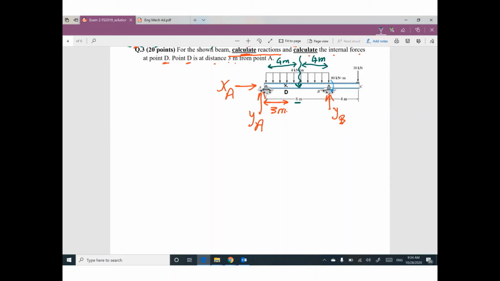What is the value of this equivalent load? It equals the value of the distributed load, 4 kilonewton per meter, times the total distance of this distributed load, 8. So 4 times 8 is 32 kilonewton.